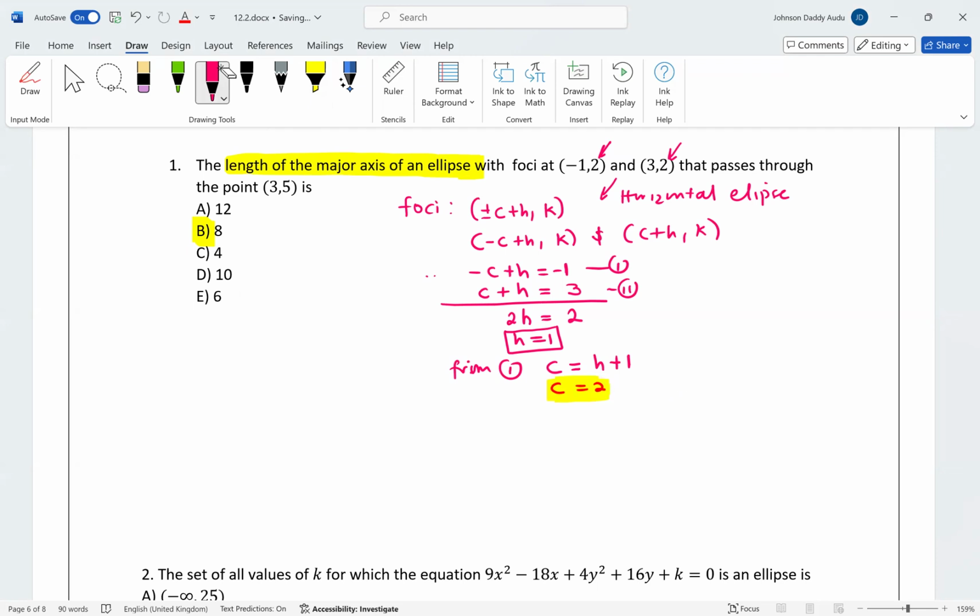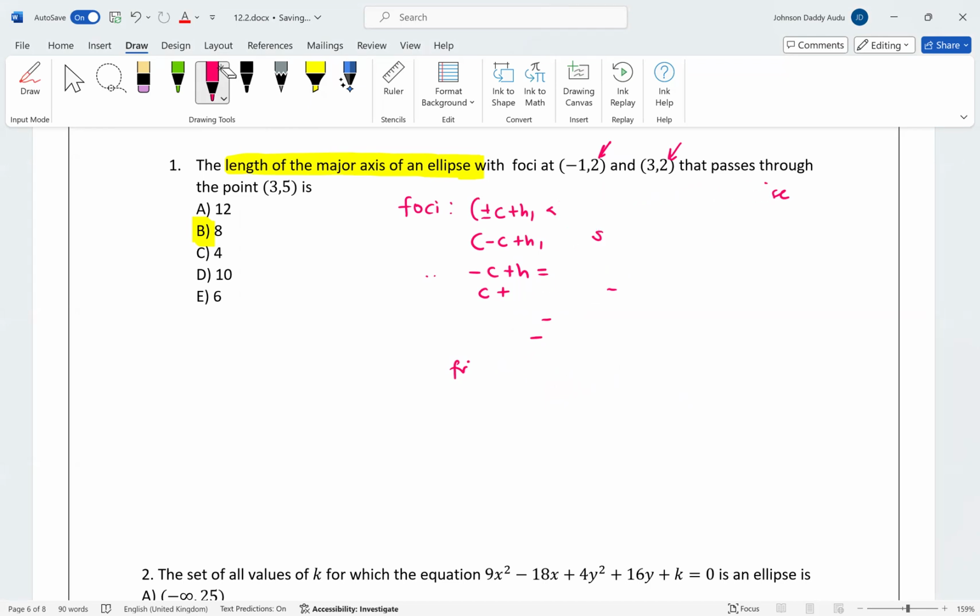So what we can do is use something which we discussed. This is coming from the definition of an ellipse. This is a point on the ellipse, so let's call this point P. And these are the two foci, the two focal points, so we call them F1 and F2.